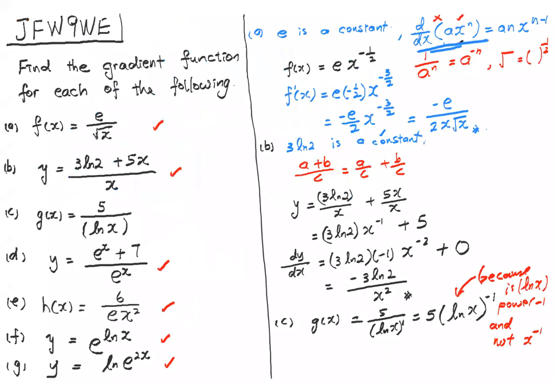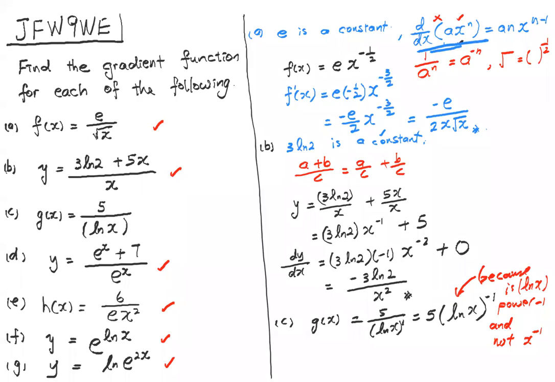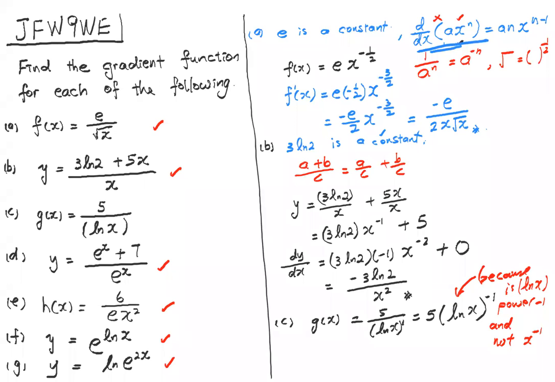Okay, so F and G. F and G are the simplification whereby I didn't show you yesterday, correct? So F is y equal to e to the power of ln x.